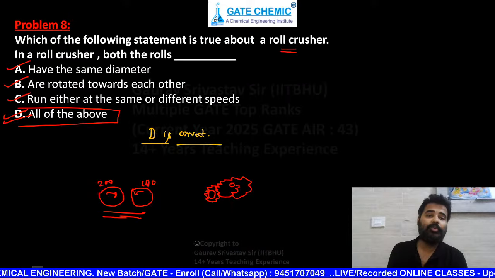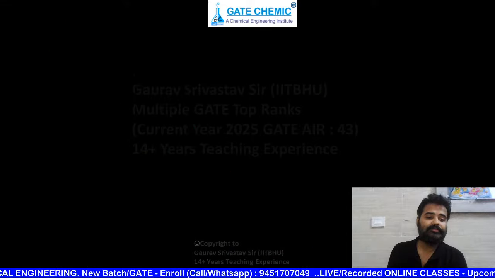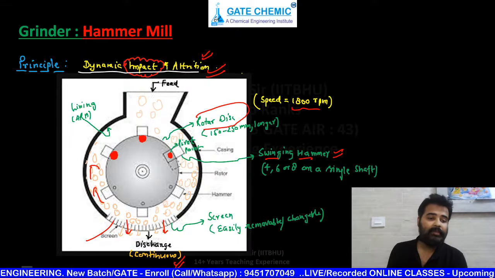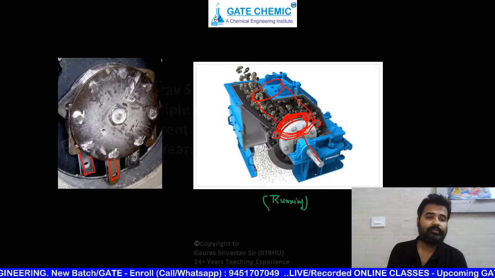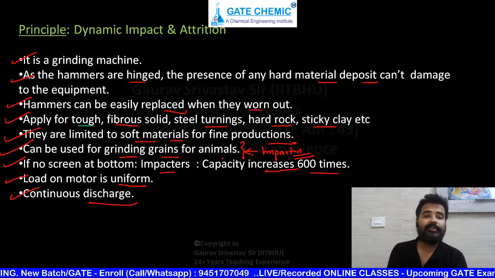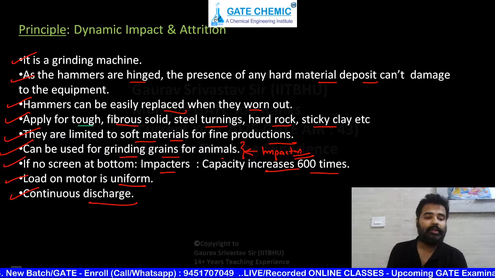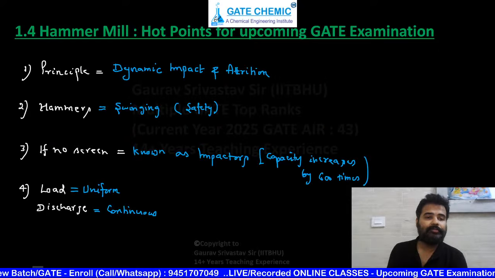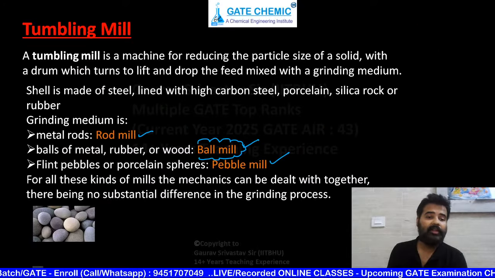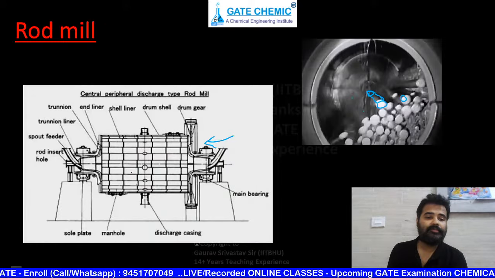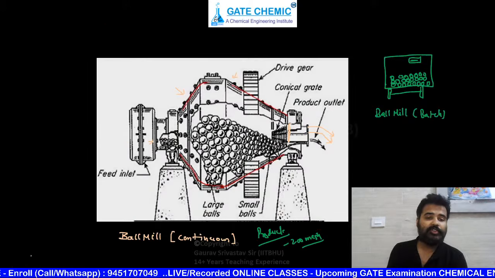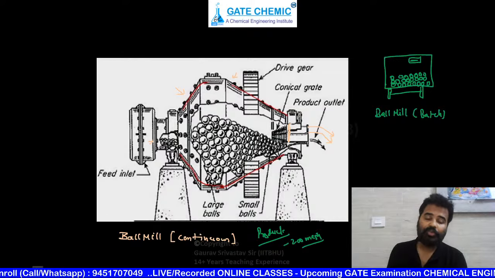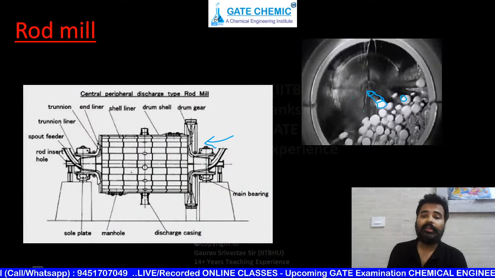Then these beautiful numericals you had seen. Then hammer mill, respective diagrams, important points about hammer mill, followed by tumbling mills. Then you had seen batch wise operation as well as continuous, both type operations for tumbling mill is possible.